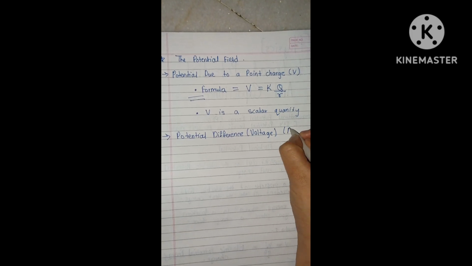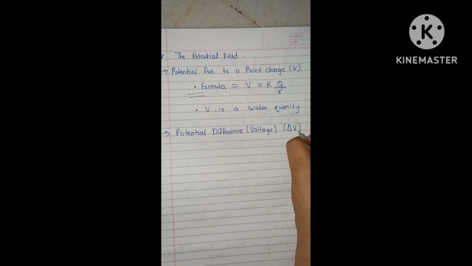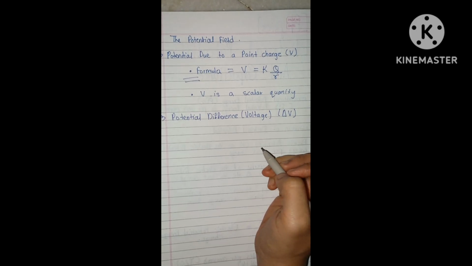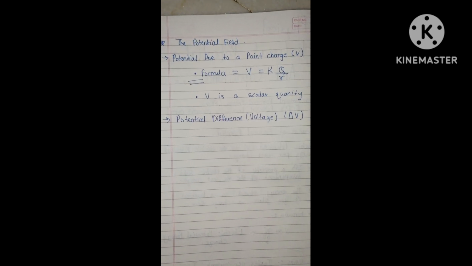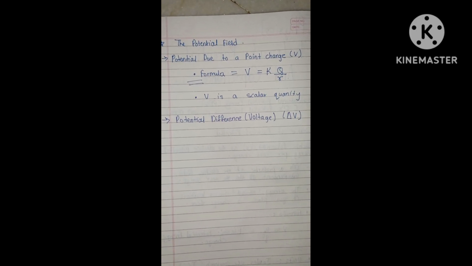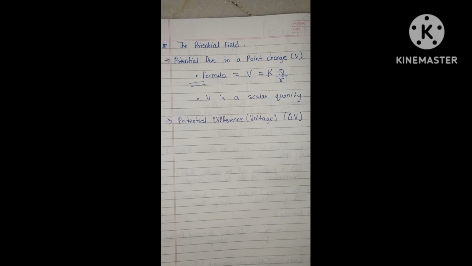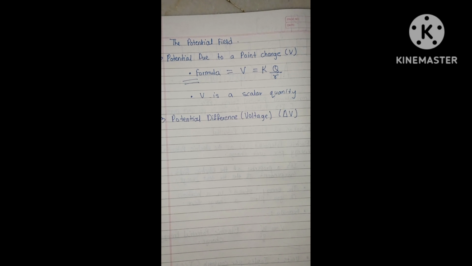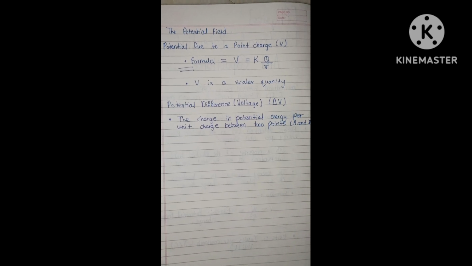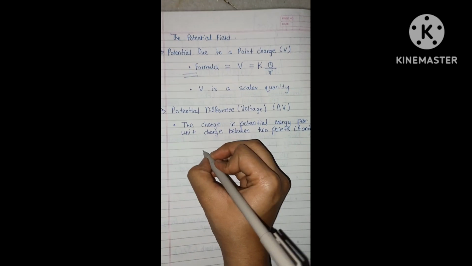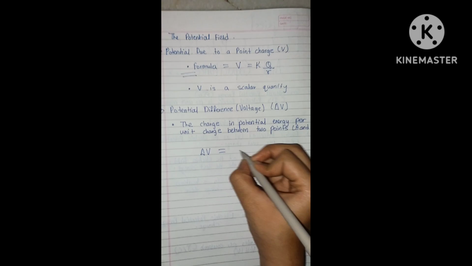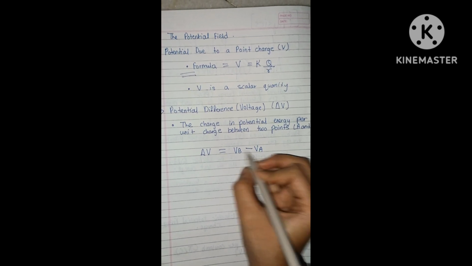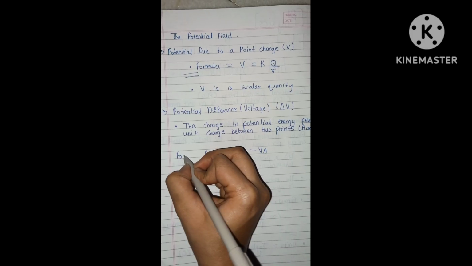It's also known as delta V. The sign for this is delta V. This is the change in potential energy per unit charge between two points A and B. So the formula for potential difference is delta V is equal to VB minus VA. Okay, this is the formula.